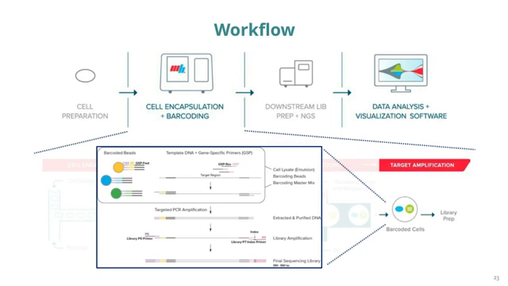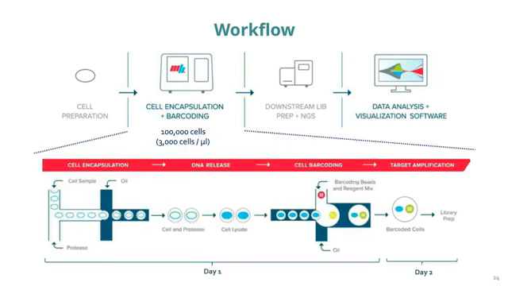After that, now that the cells are labeled, they can be pooled together and the library preparation and sequencing can be performed. All this process up to the targeted amplification can be performed in 1 day, and although Tapestri only has 1 encapsulation site, it's very feasible to process 2 samples per day, and then the library preparation in a second day with 8 samples in parallel. So at the end of the week, it's very feasible to process 8 samples, having 1 instrument and 1 person running the experiments.